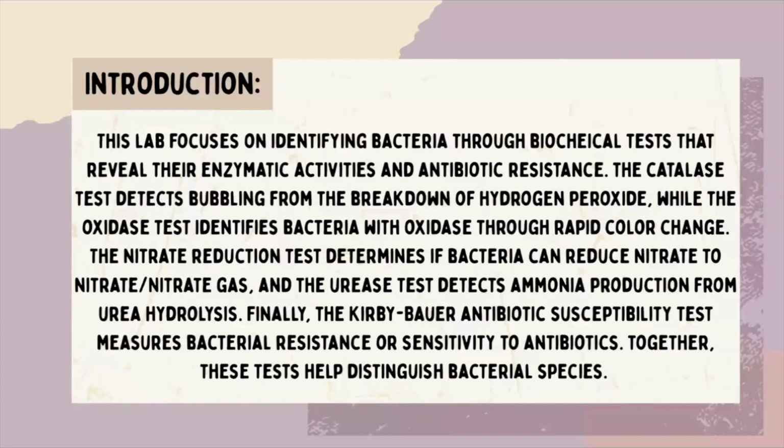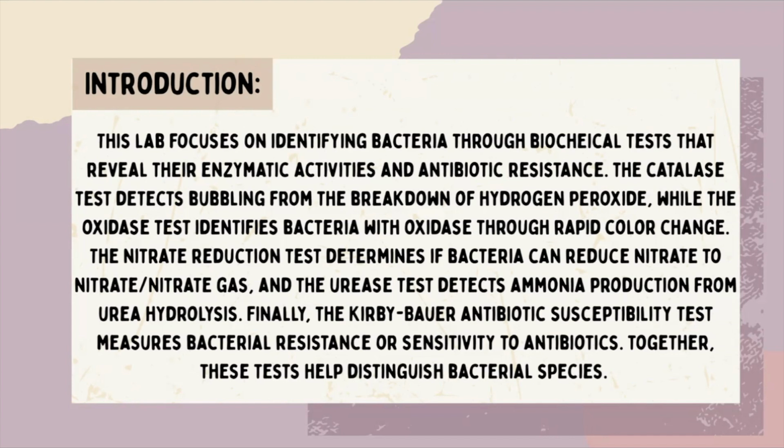Introduction. This lab focuses on identifying bacteria through biochemical tests that reveal their enzymatic activities and antibiotic resistance. The catalase test detects bubbling from the breakdown of hydrogen peroxide, while the oxidase test identifies bacteria with oxidase through rapid color change.